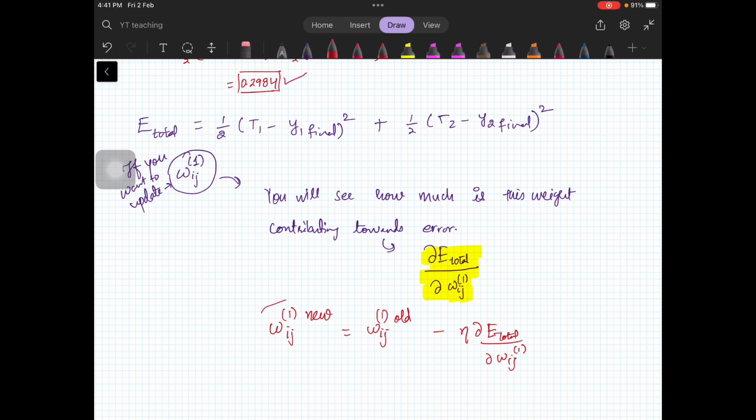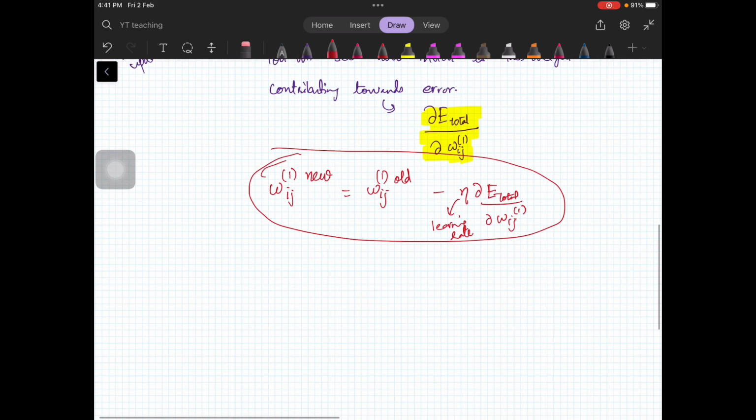This is your learning rate. Why do we do that? You are subtracting the learning rate times the rate of change of the total error with respect to that particular weight, so you are fine tuning the weights toward the actual output you are looking for.